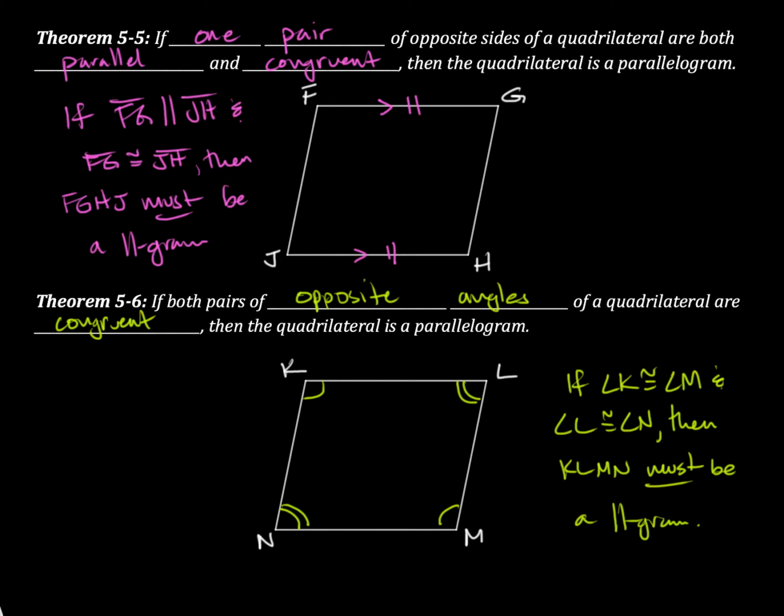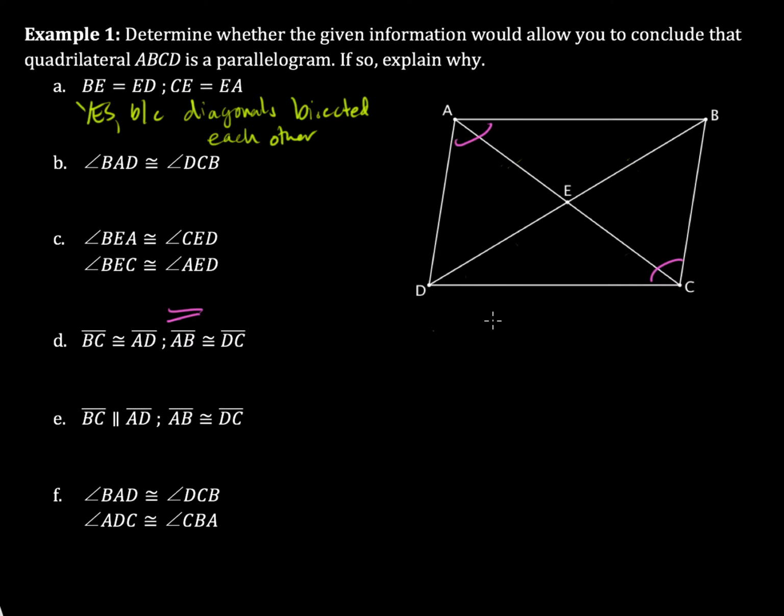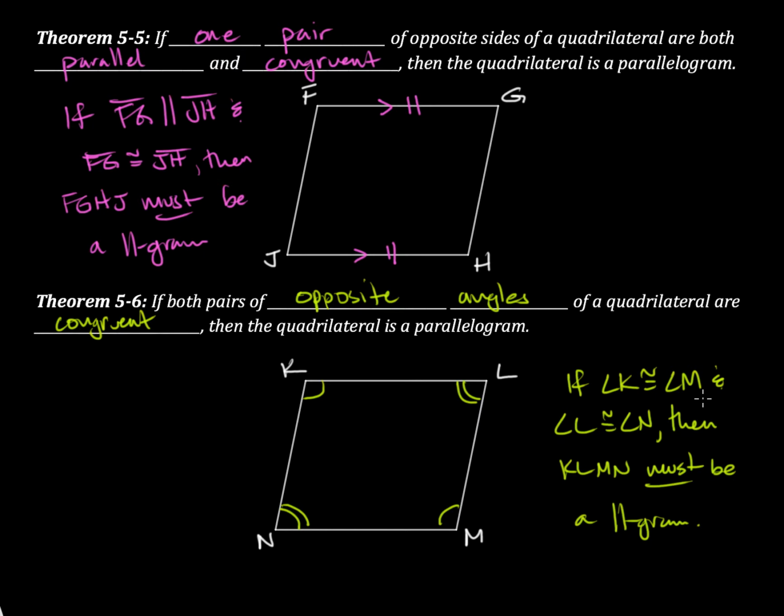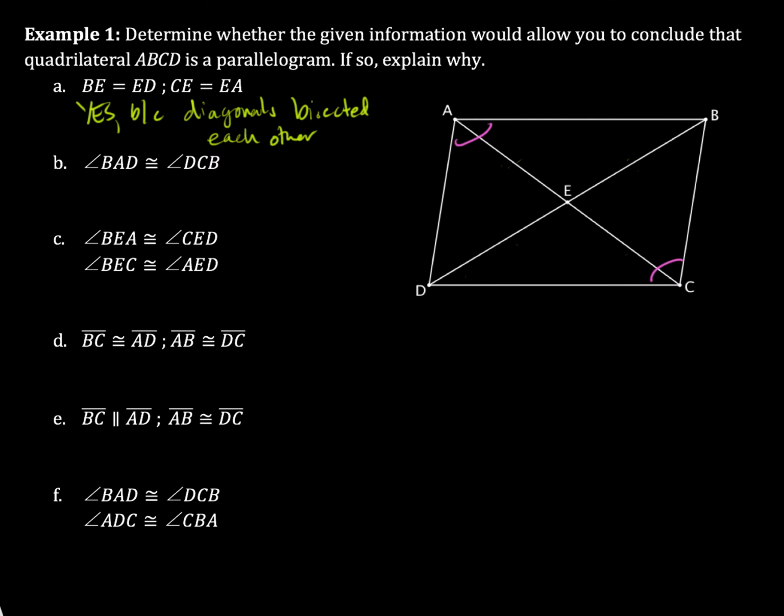Both pairs have to be congruent to each other. So in this case, what we have to say is that no, we don't have enough information. We don't have enough info to say that this is a parallelogram because we only have one pair of opposite angles that are congruent, not both of them. Get rid of that so we can move on to the next problem.